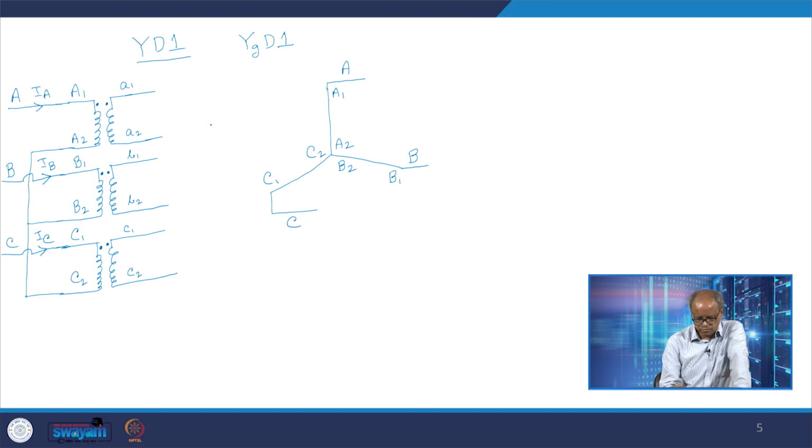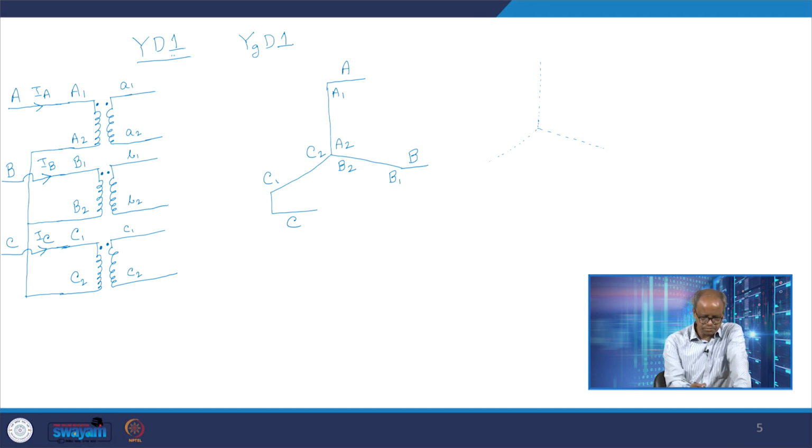Now this is the initial phase ABC voltage, which is in phase with the star side ABC voltage.